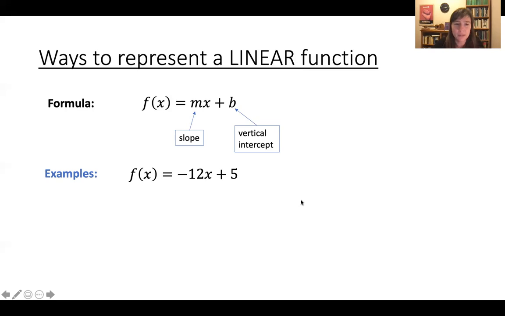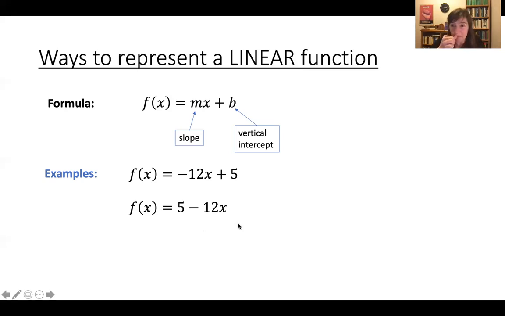But what about this? Is this a linear function? When I ask this in in-person classes, I get mixed reactions. It is a linear function, but this is surprising to some.